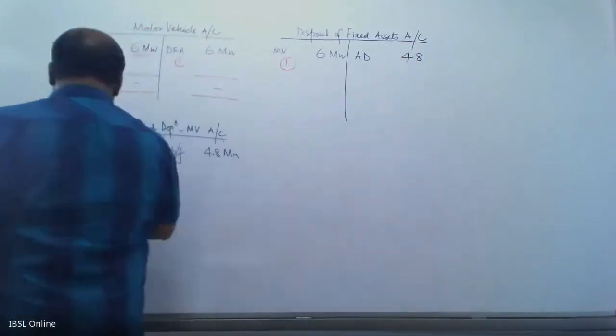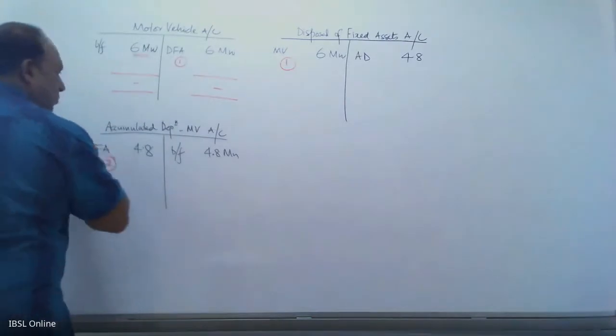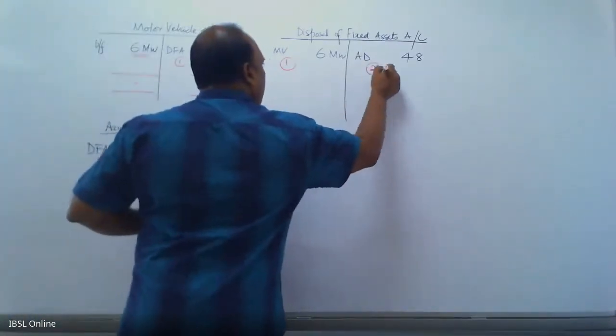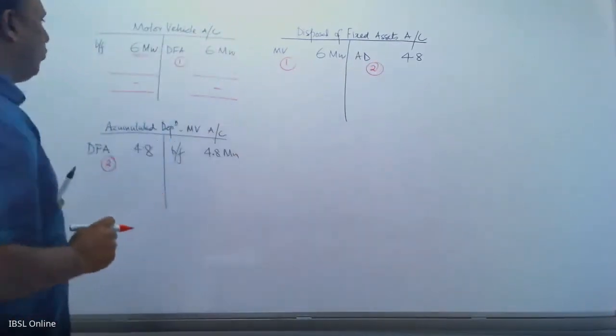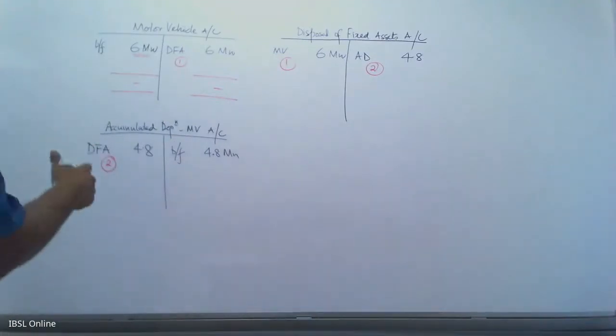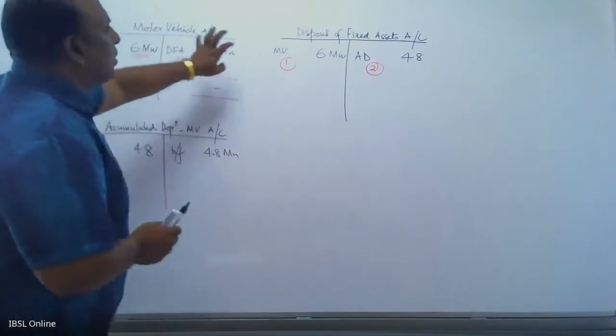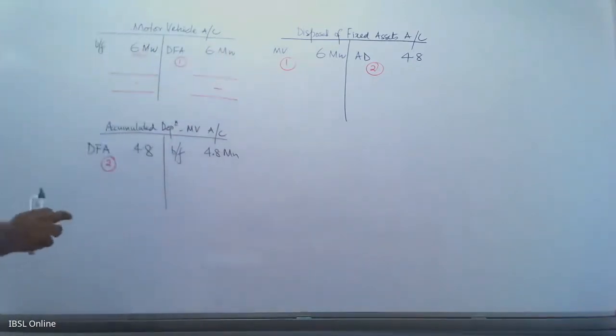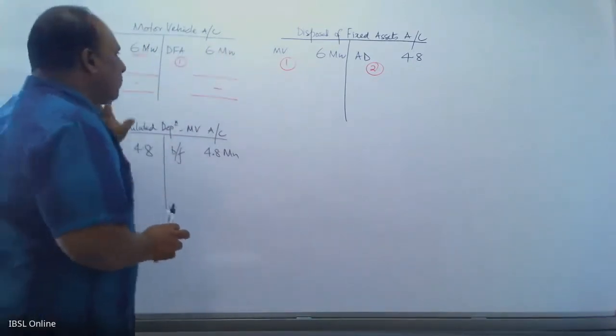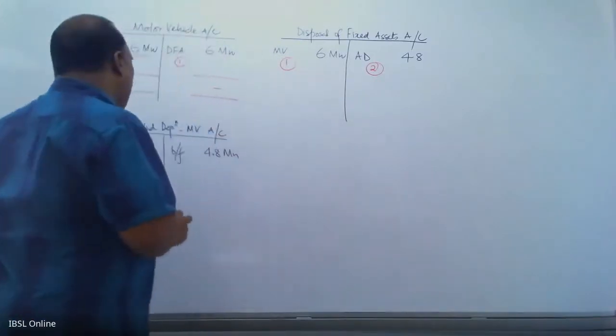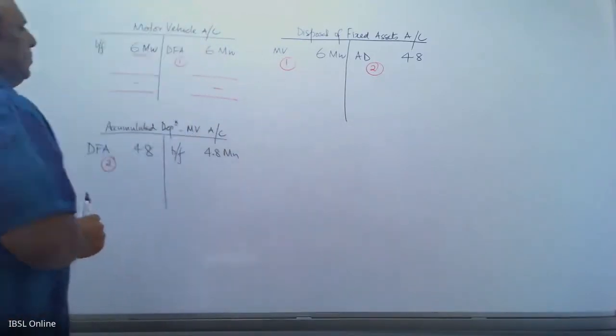This is number 2. I am putting these numbers 1, 2 so that you understand later on when you look at it. So first transaction, removing the cost of the asset. Second transaction, removing the accumulated depreciation of the asset.